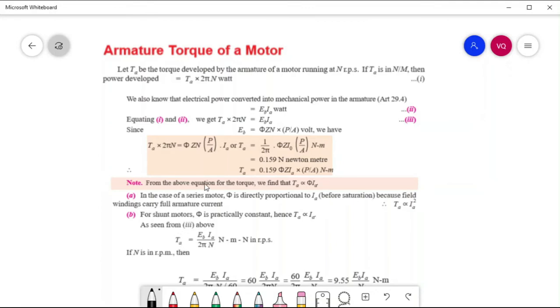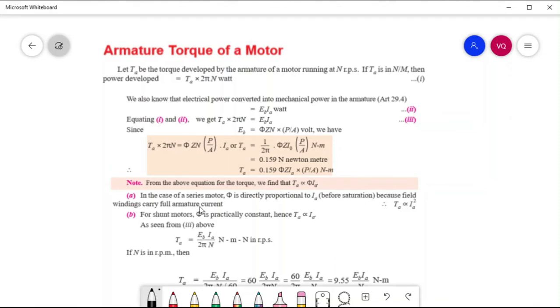From the above equation for the torque, we find that armature torque is directly proportional to flux multiplied by the armature current. So, as the flux and armature current increase, the armature torque also increases, vice versa.